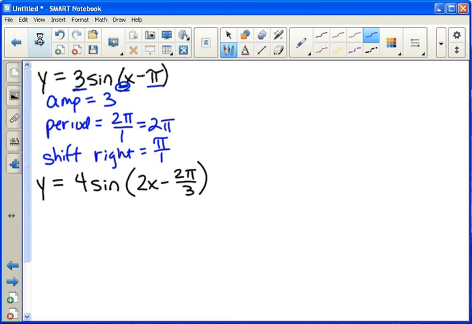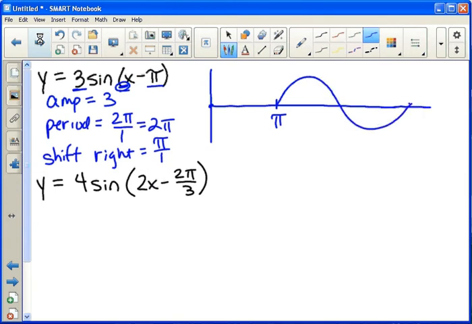So here's what happens. I draw this, and instead of starting at 0 like I normally do, I need to shift over to pi. So pi is where I'll start. I draw my normal sine curve. I get something like that. So I need to mark that endpoint. Okay, you need to be very careful here. We're starting at pi, and our period is 2 pi.